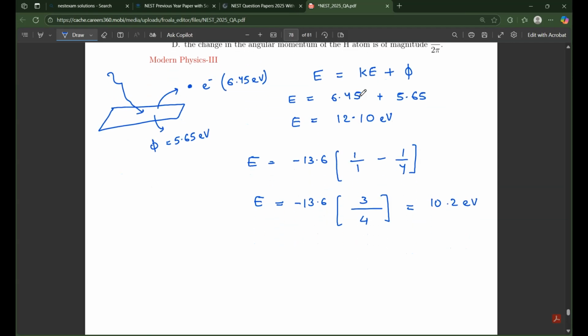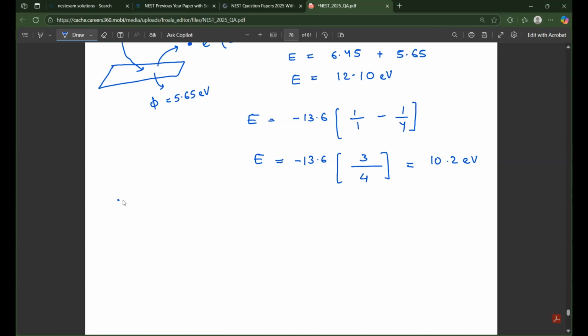Now let's check the second one. For the second part, the electron makes a transition from 5 to 2. The final is 2, that is n final square, that is 4, minus 1 upon n initial square, that is 5 square, 25. Now on solving this, we get 25 and 4, common denominator, let's say, 100. 25 into 4 is 100, and 4 into 25 is 100.